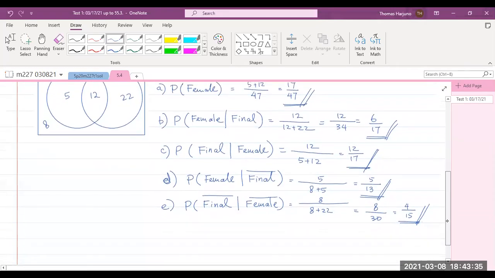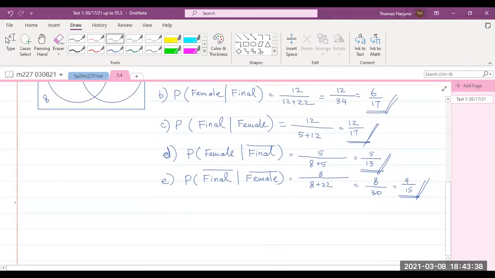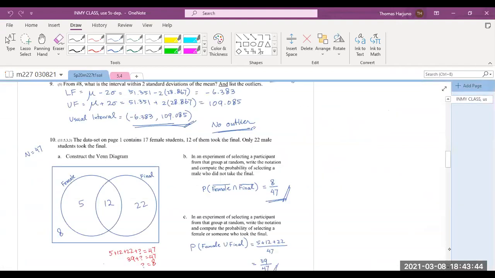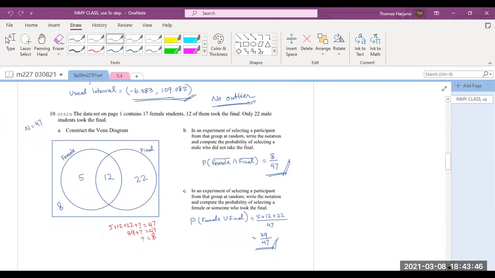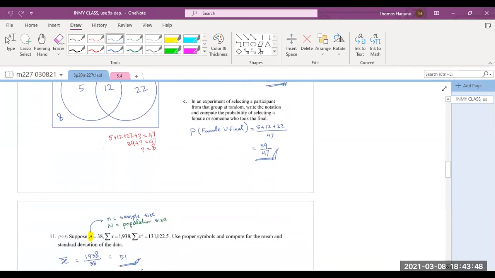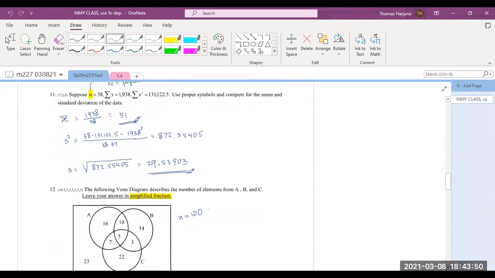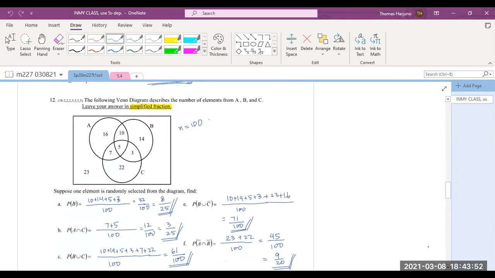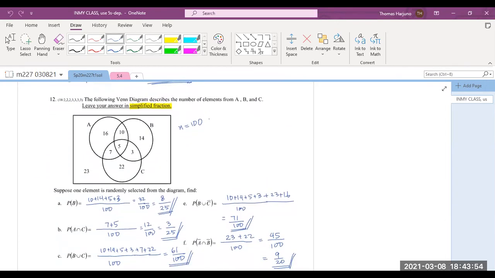Okay, let's go on with another type of conditional probability problem. We still select one element at random, and let's use the 3 circles from our Venn diagram. Give me a second, I'll screenshot that.